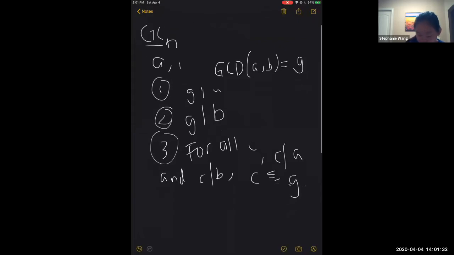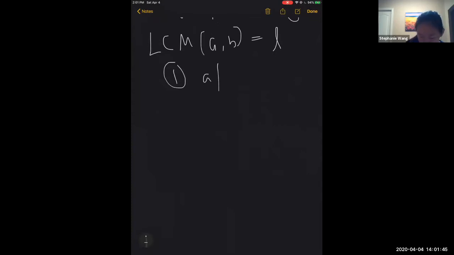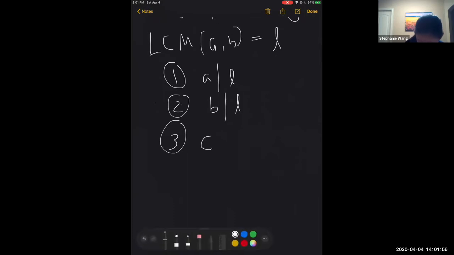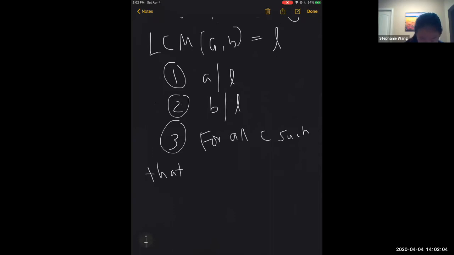And LCM follows a similar definition. If we have the LCM of a and b equal to L, then condition number one, a has to divide into L. Condition two, b also has to divide into L. And condition three is for all c such that a divides c and b divides c, we have L has to be less than or equal to c.